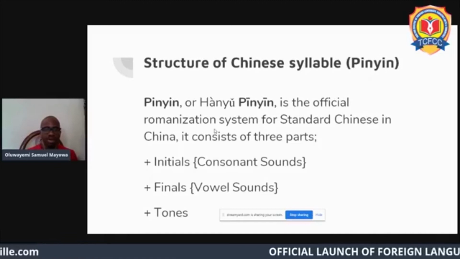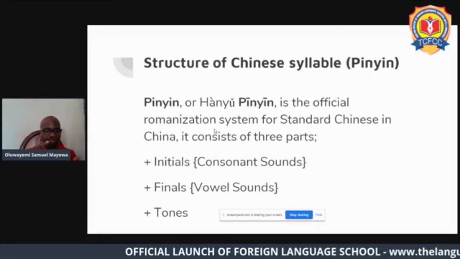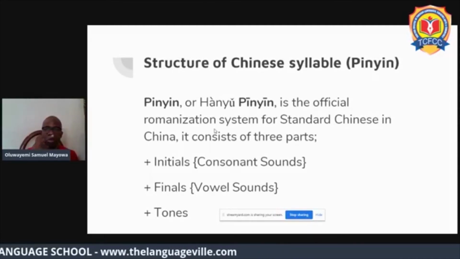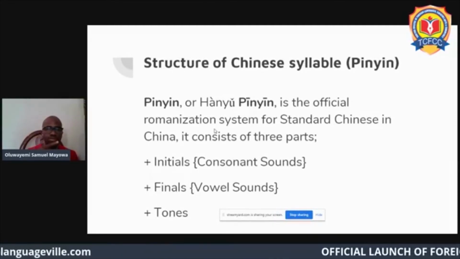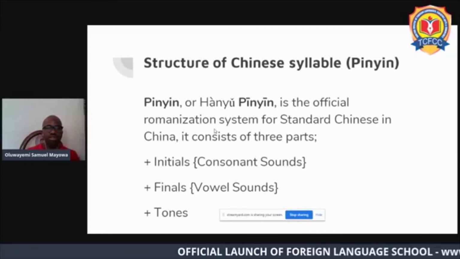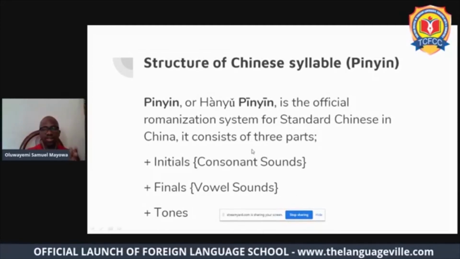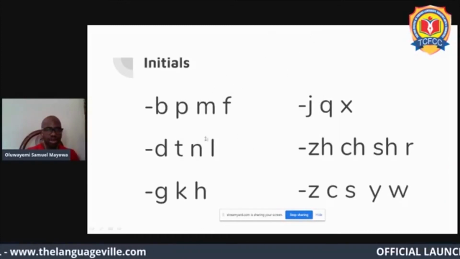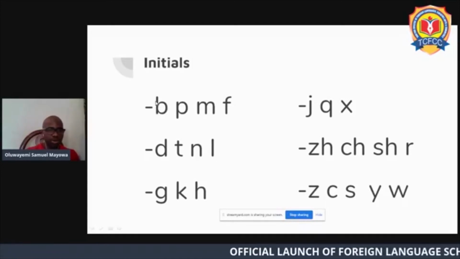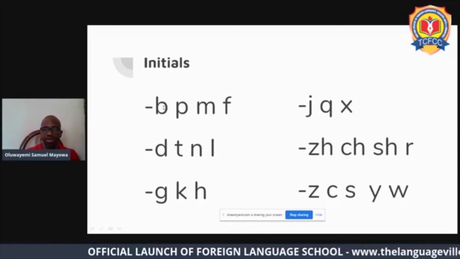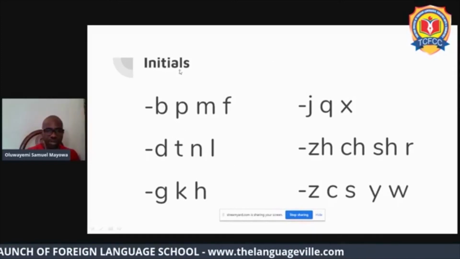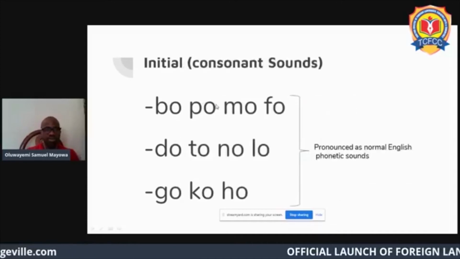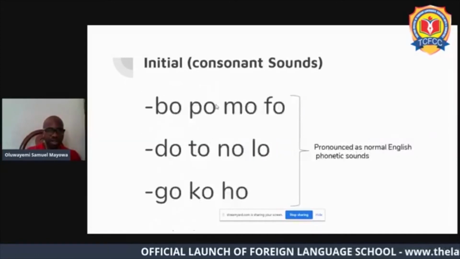For example, German, French, Spanish, Latin, and Portuguese speakers use pinyin to understand Chinese characters, because it's a romanization of the Chinese characters. So this is the first part of Chinese: every Chinese syllable must have an initial, a final, and a tone.